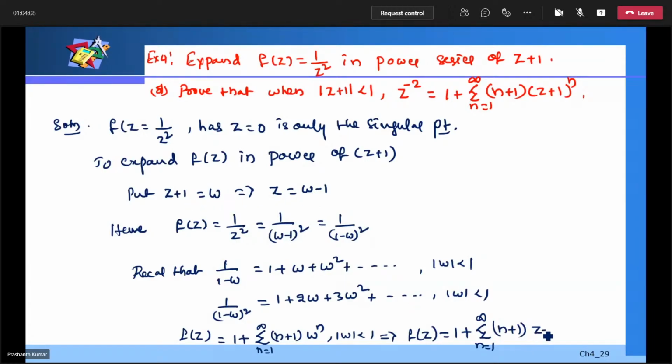So z plus 1 whole to the power of n, here also mod z plus 1 is less than 1.